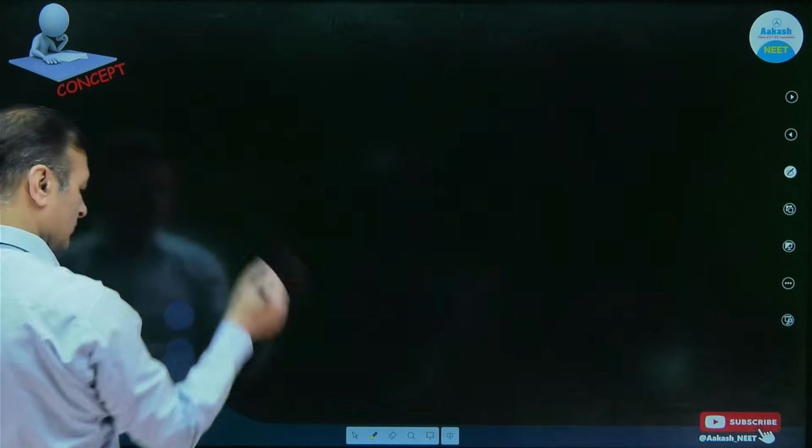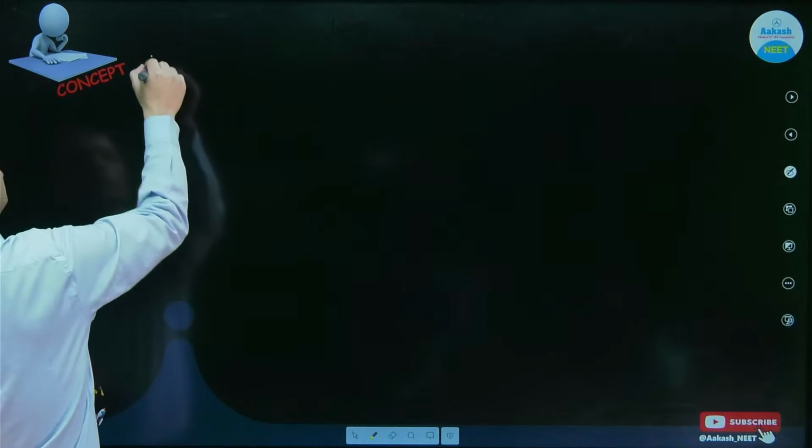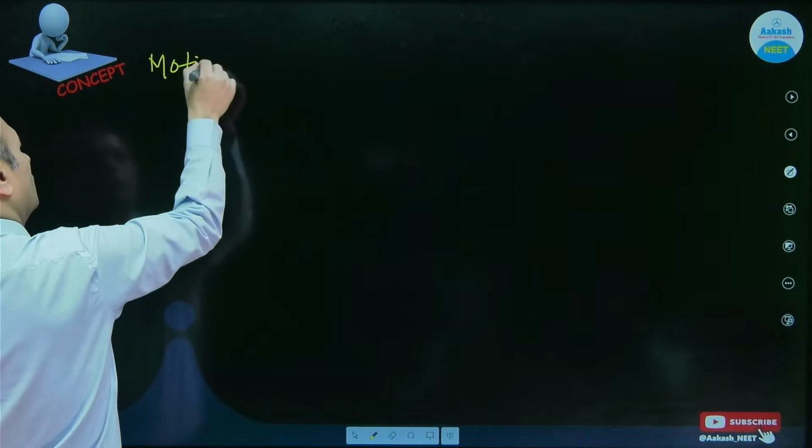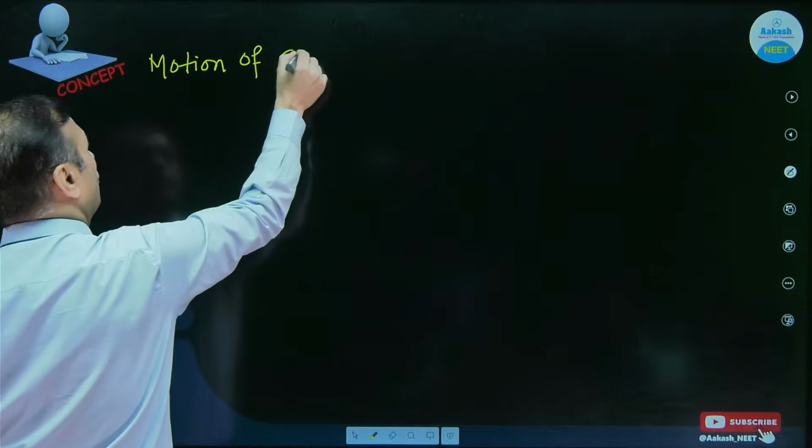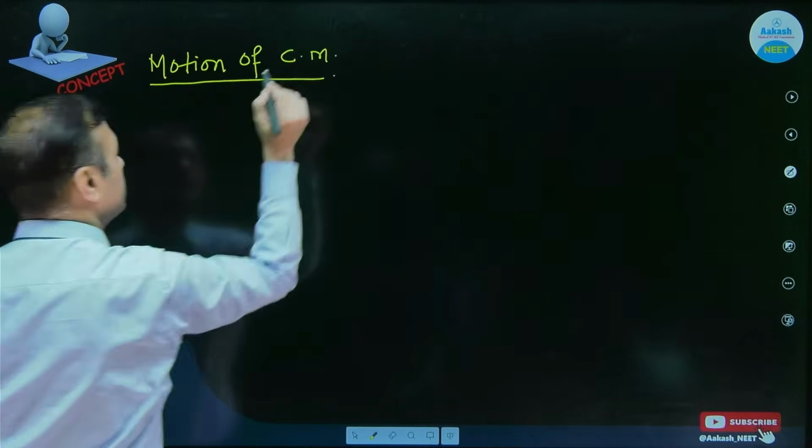Moving to the next topic, motion of center of mass.